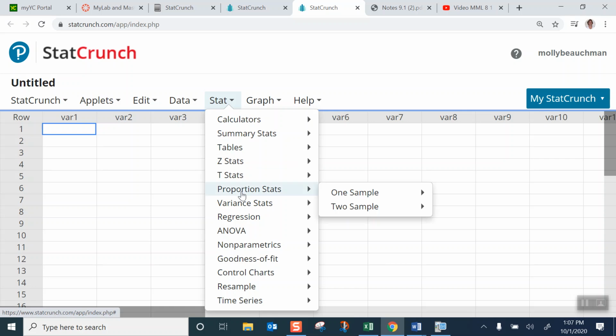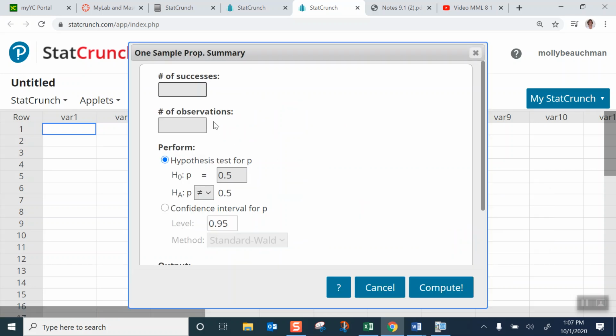These are proportion statistics. We have one sample with summary. That means my number of successes: I had 24 orange out of 100.